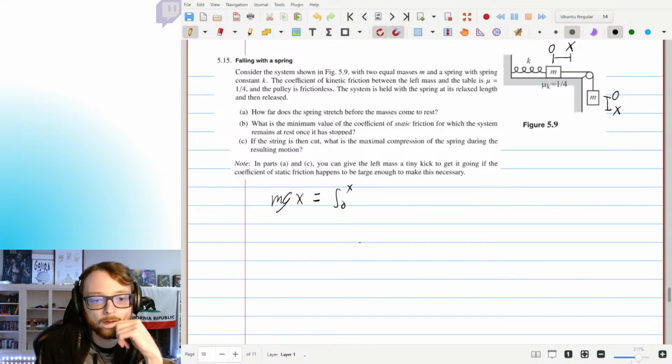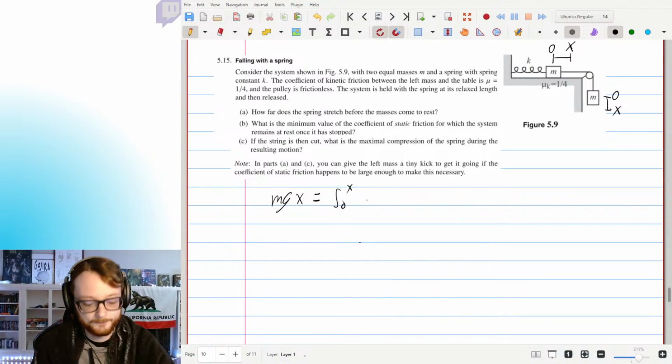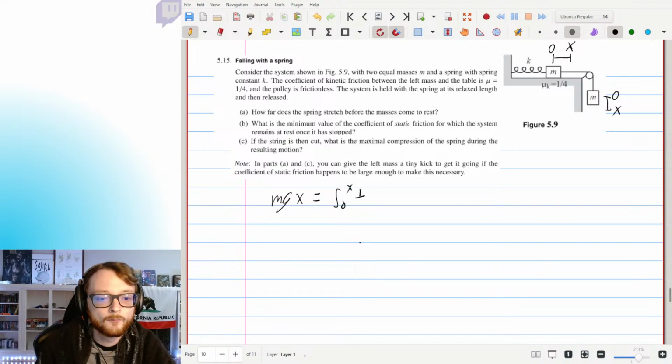For the sake of work, though, we only worry about kinetic friction. 1/4 times the normal force mg between the mass and the table, dx, plus the potential energy of the spring once it's been stretched by length x.